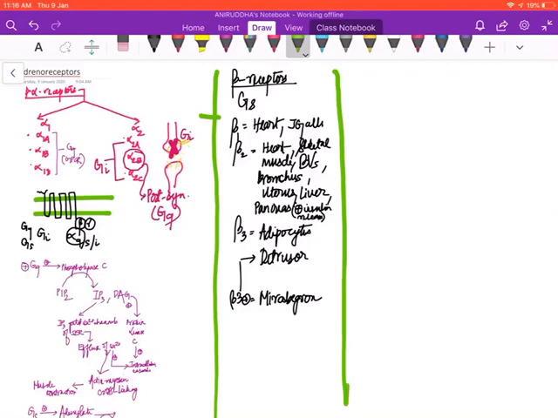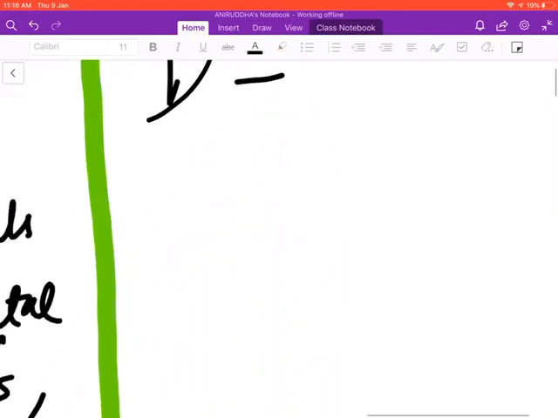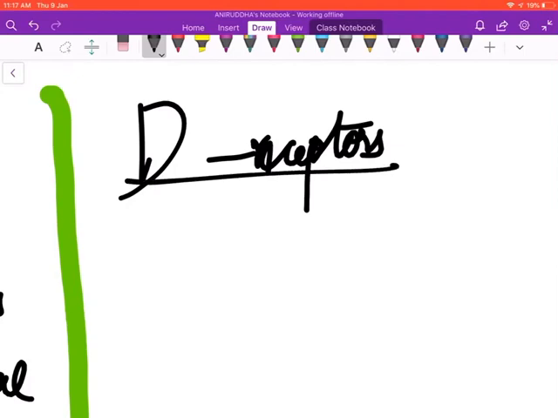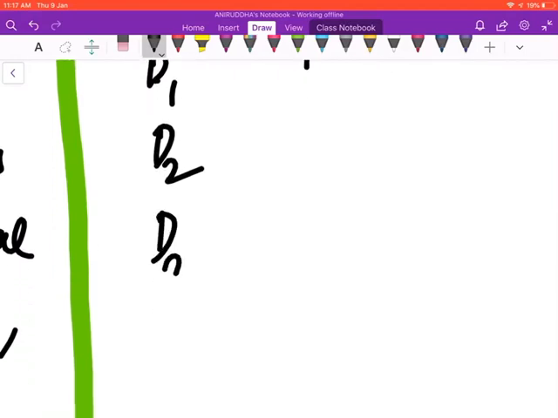there are the dopaminergic receptors. Yeah, the dopaminergic receptors, primarily of 5 types: D1, D2, D3, D4, D5.